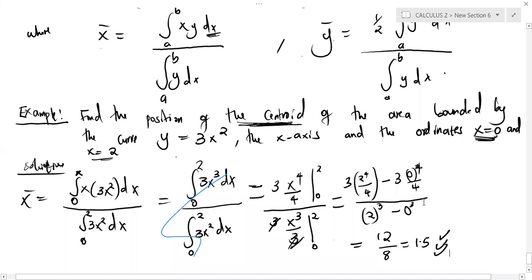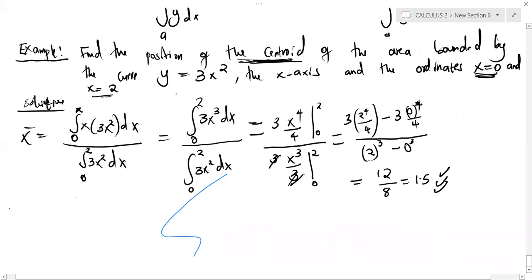Now we go on and evaluate the value for our y bar. So what is our y bar? Our y bar will be given by the formula: a half, the integral from a to b of y squared. But what is y? Y is 3x squared, so y squared will be (3x squared) squared dx.